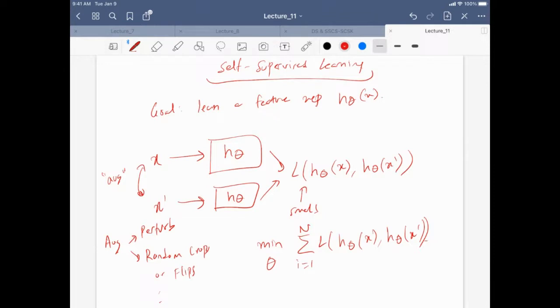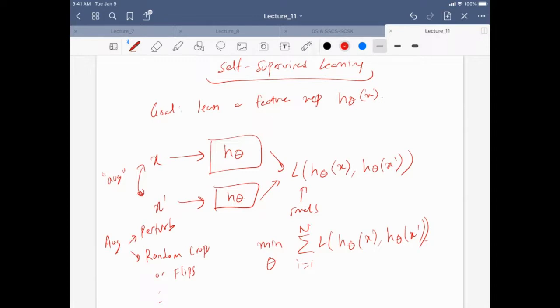Yes. So the whole point is that once you do your augmentation, so once you do a perturbation, or a random crop or a flip or whatever, then based on your loss function, the two should not change significantly.